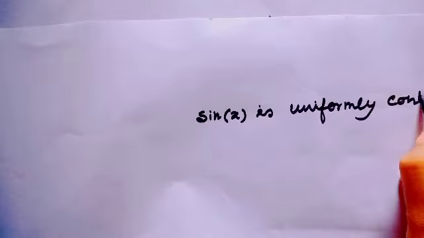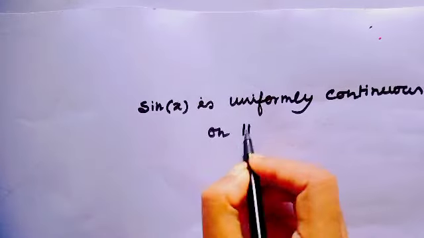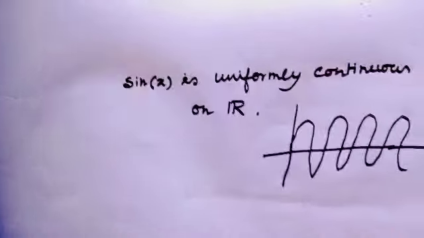Well, now I will say one most common example, sin x, which is uniformly continuous on the whole real line R. We all know the graph of sin x. Sin x oscillates between +1 and -1. Okay.